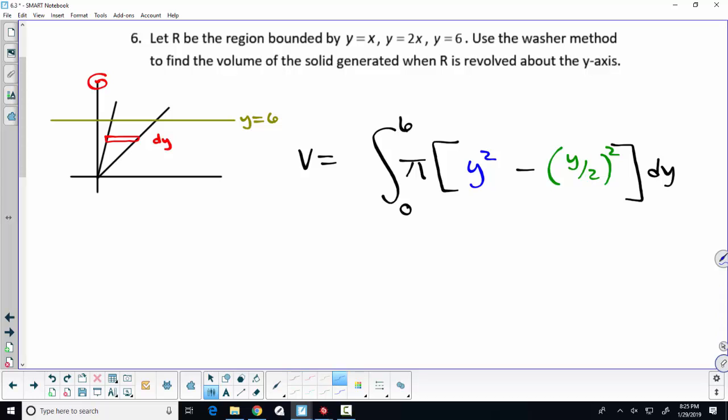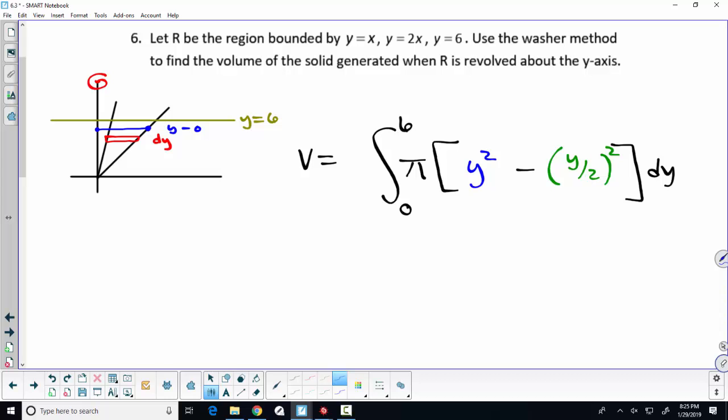Remember, the distance from the axis of revolution to the function furthest away is your outer radius. So for our outer radius, we just need to measure that length, right minus left. The right function is given by this one here, which is y equals x. So y minus 0 is that length. That's the radius. So y minus 0 squared.